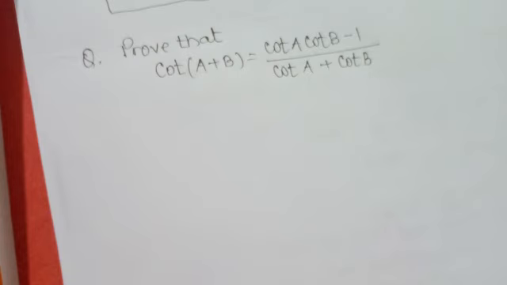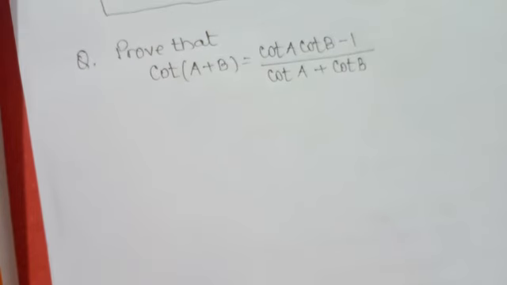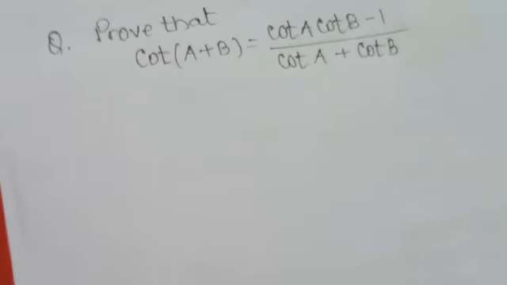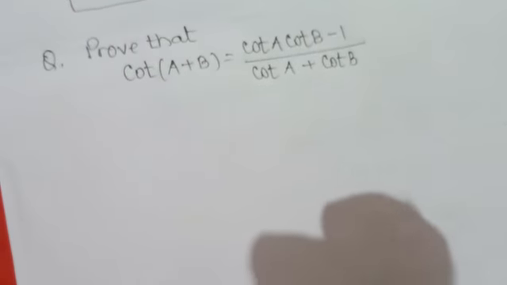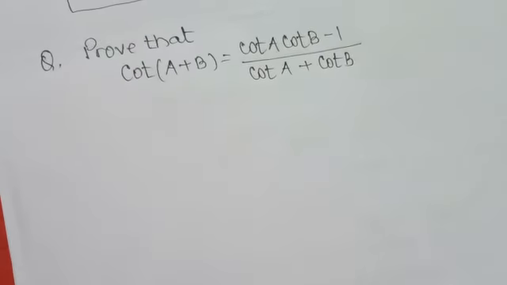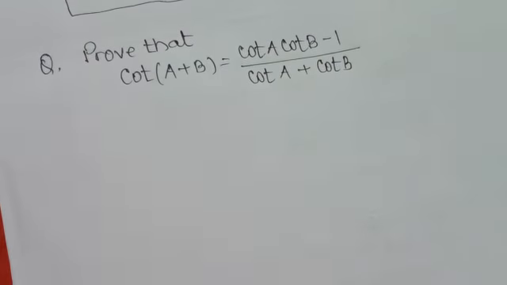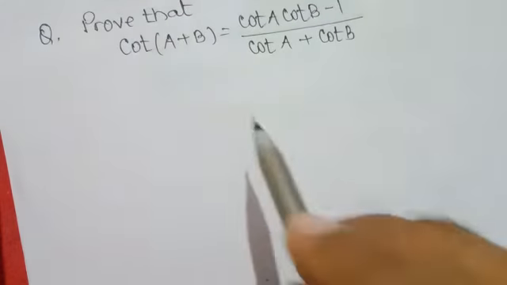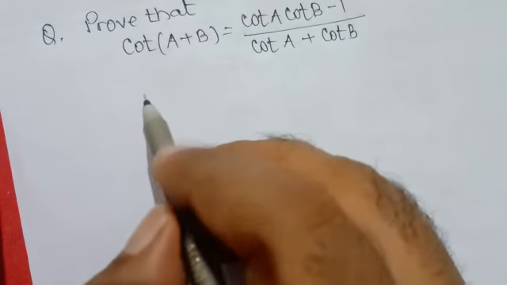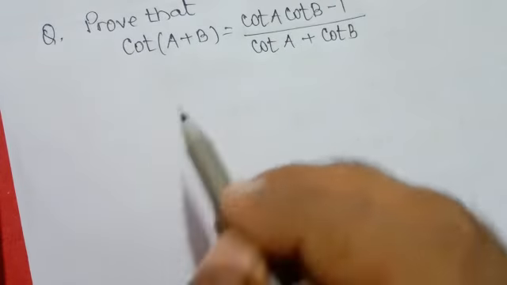Cot(A + B) is equal to (cot A cot B − 1) upon (cot A + cot B). Proof in the same way as before.